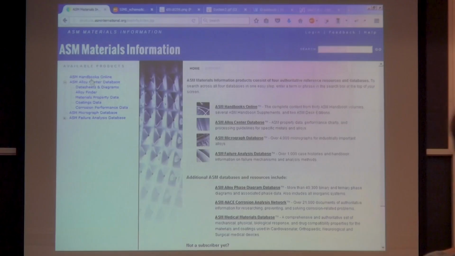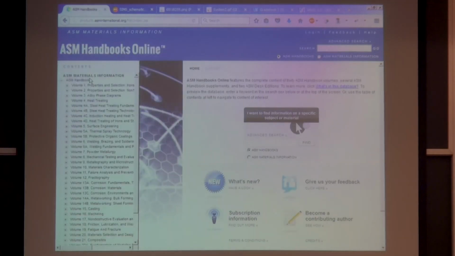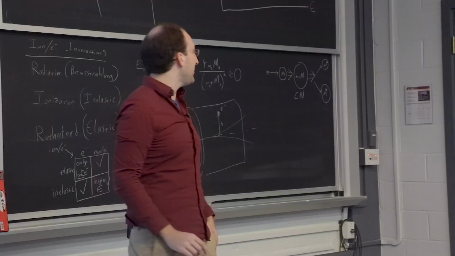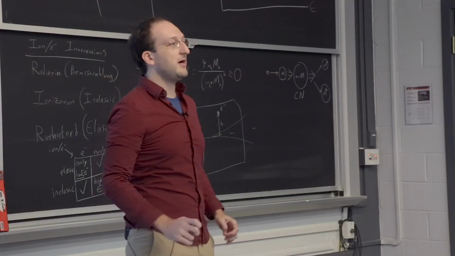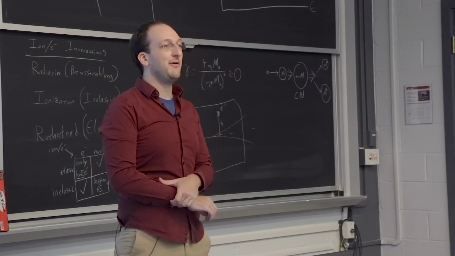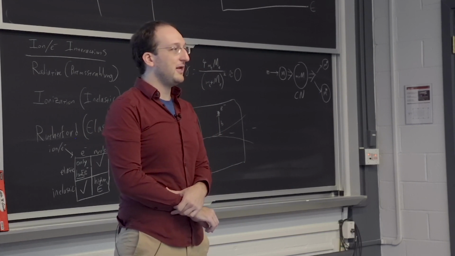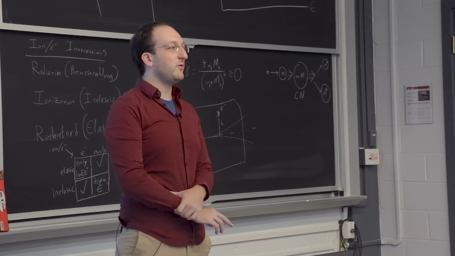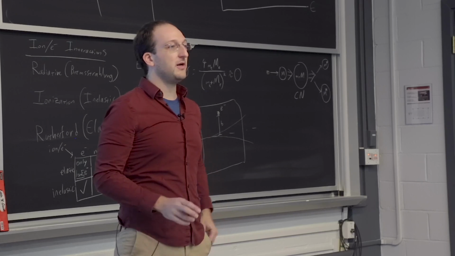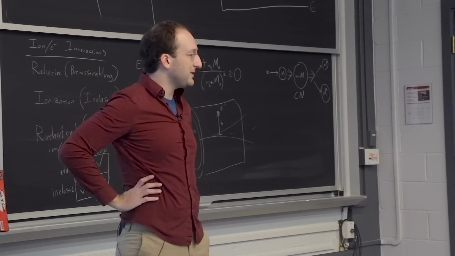We're going to head to one of these handbooks, number 9 or 10, Materials Characterization, because with the stuff that's on this board, you can understand how most materials characterization techniques work. I want to show you a few of them, two of which we're going to demo next Friday's recitation.